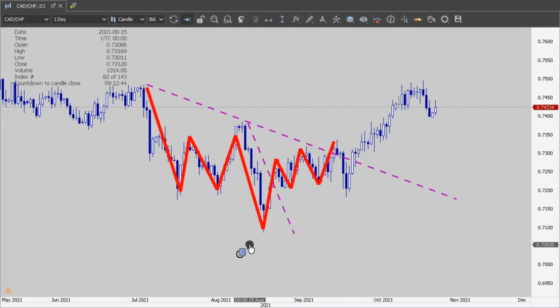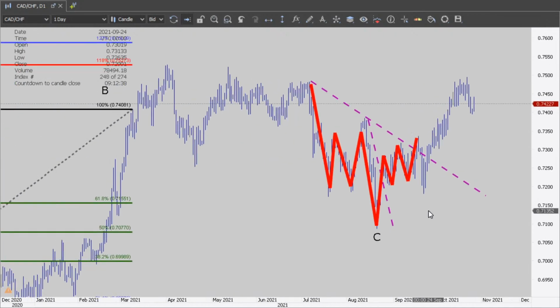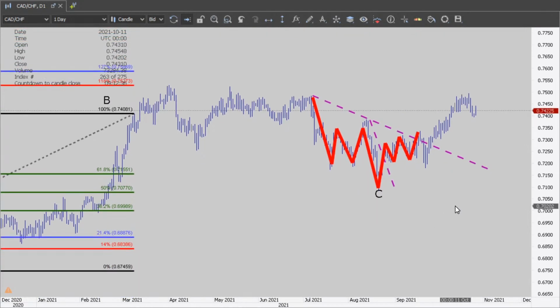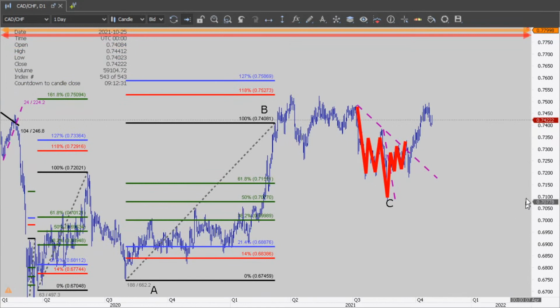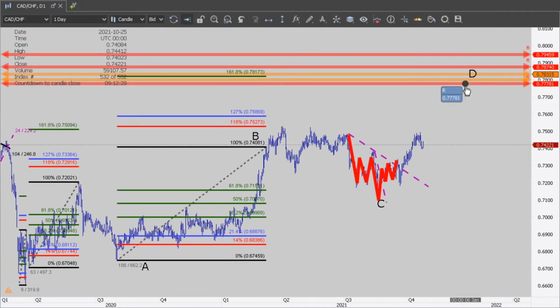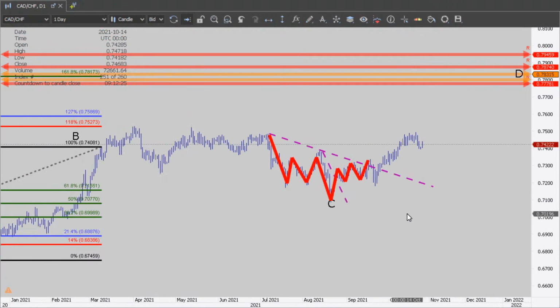I should have entered somewhere in here at the counter trend line break, and I didn't, and now what? Because the risk reward ratio is not good enough. We are going to use the Fibonacci of the confirmation, exactly.